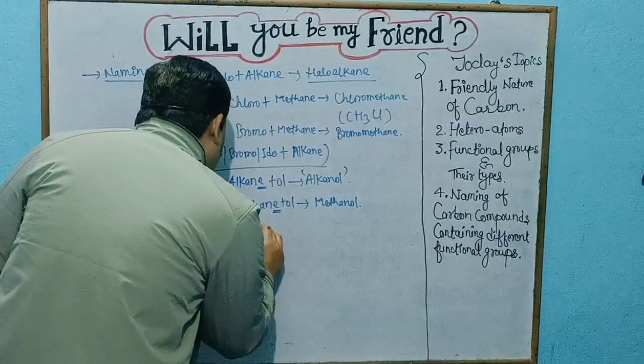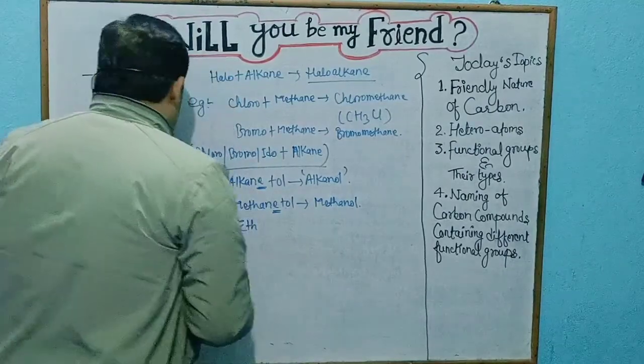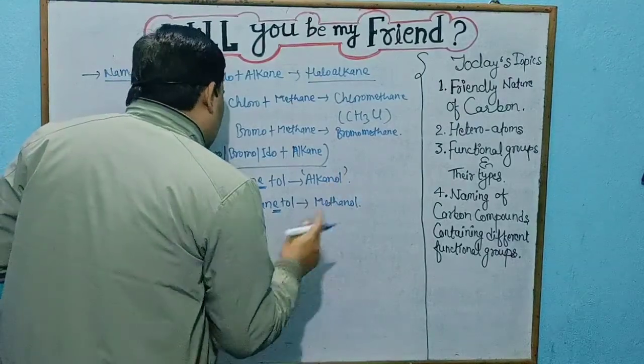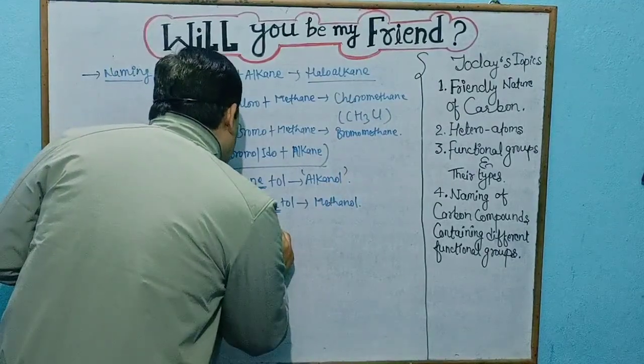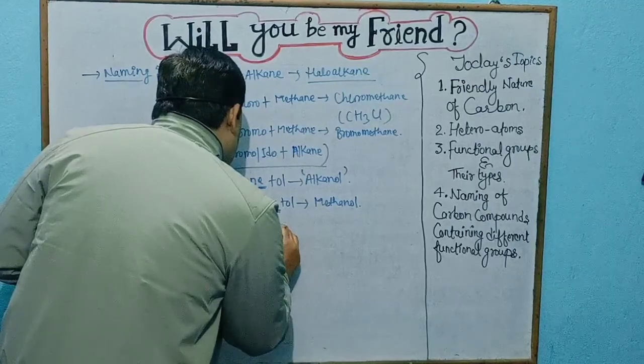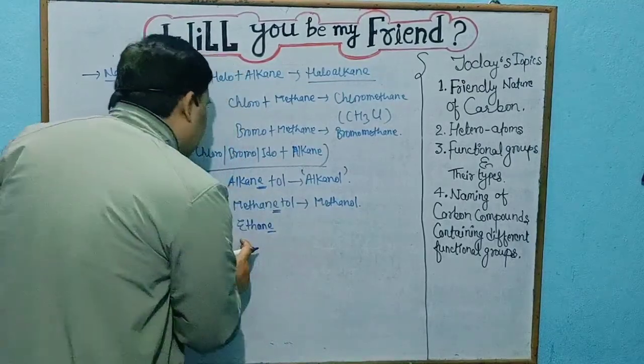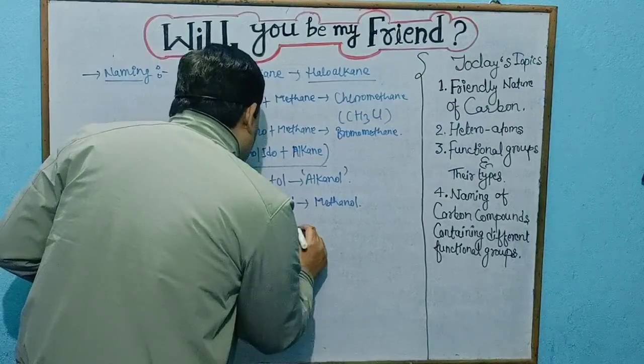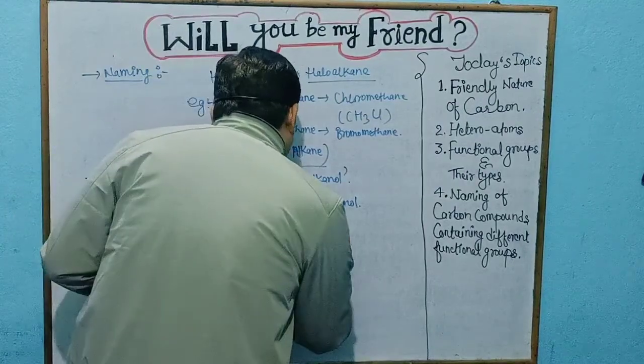Similarly, if we are writing the name of the alcohol containing two carbon atoms, that is ethanol, we replace the E of ethane and add OL to it. It becomes ethanol.